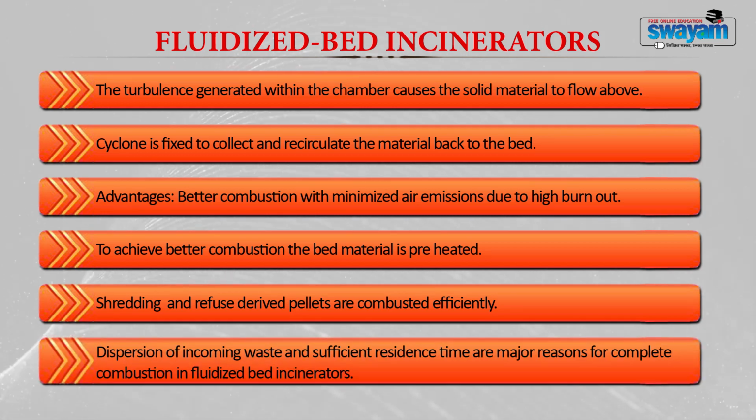The dispersion of incoming waste and sufficient residence time are major reasons to obtain complete combustion in fluidized bed incinerators. There are two types of fluidized bed incinerators, one is bubbling bed and the other one is circulating or turbulent bed. The airflow pattern, bed material and type of waste differentiate the bubbling bed from the circulating bed fluidized incinerator. These fluidized bed incinerators are more compatible with high energy recovery recycling systems.